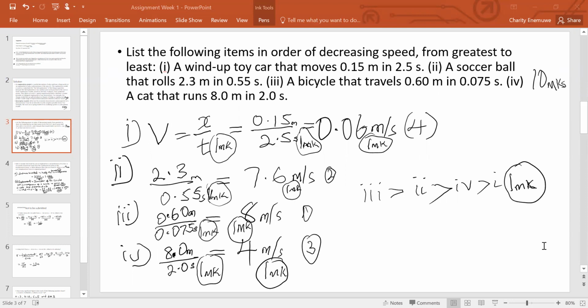The second says a soccer ball rolls 2.3 meters in 0.55 seconds. The third says a bicycle travels 60 meters in 0.075 seconds. And number 4 says a cat runs 8 meters in 2 seconds.